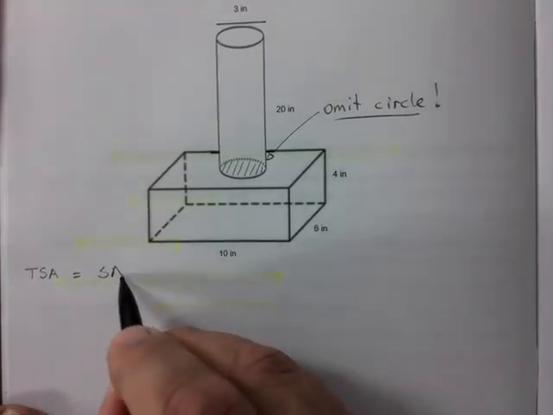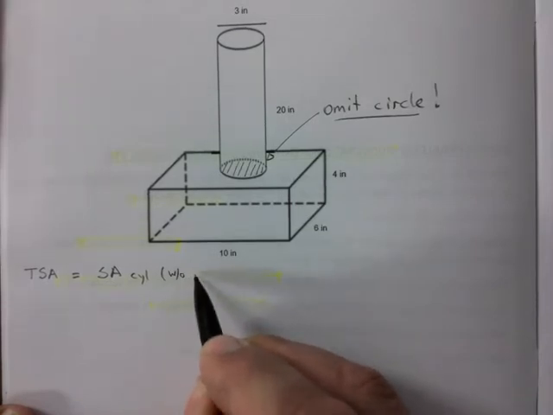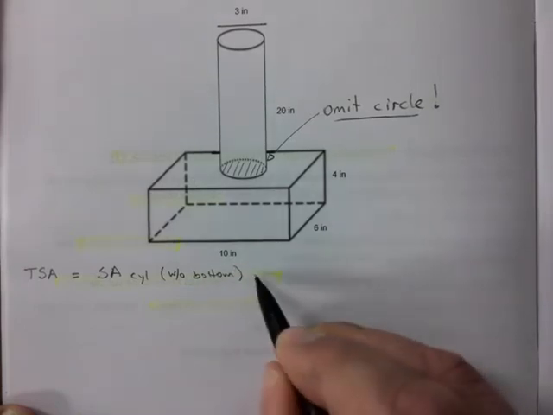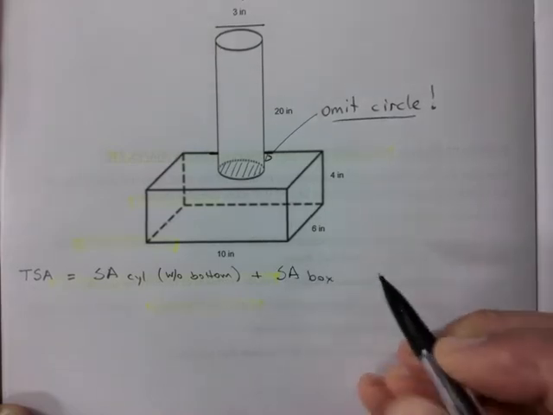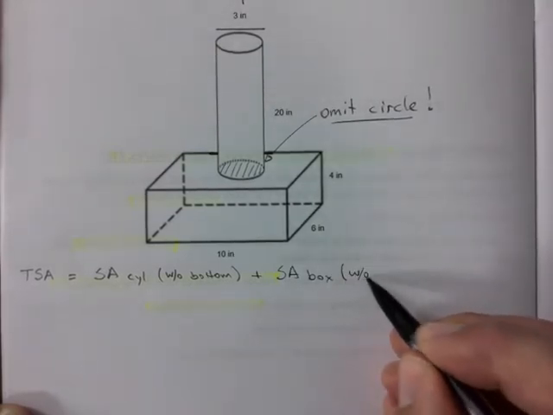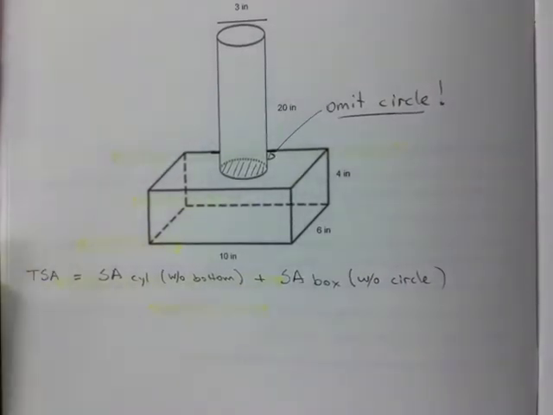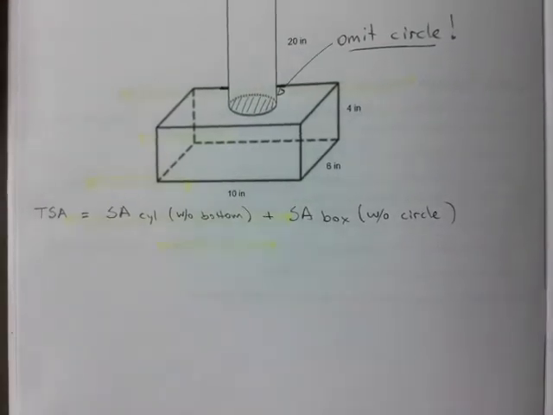I'm going to figure out the surface area of the cylinder without bottom, plus I'm going to find the surface area of the box, right, without circle. And some of you are going to be really good at making this nice and clean and maybe use fewer lines than me or more lines than me. I really don't care as long as you arrive at your answer and you show me the steps, okay?